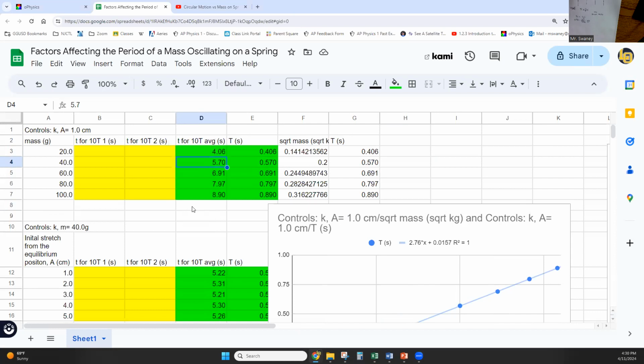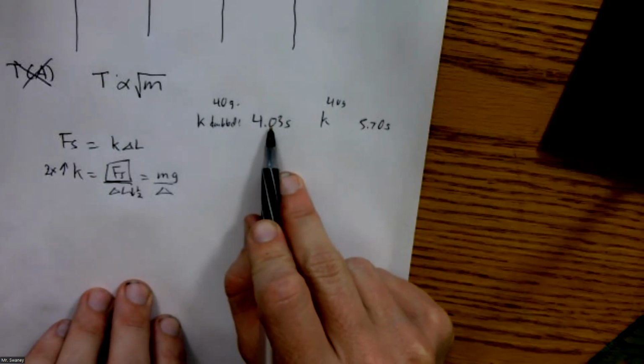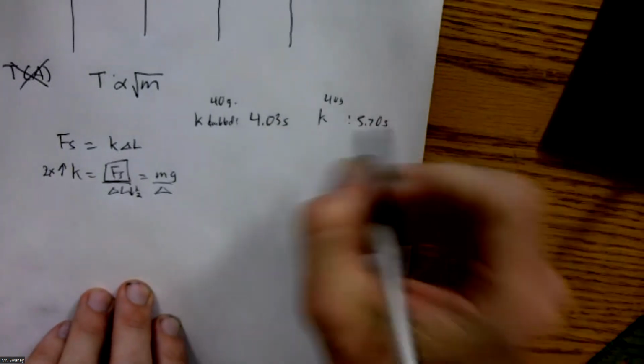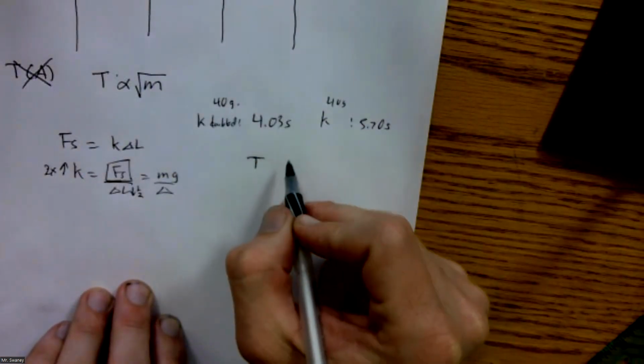So when we made 2 springs, K went up. So with 1 spring, K, 40 grams was 5.70 seconds. When K doubles, we have less time. So this was 1K. This was the period. So when K goes up, the time goes down.